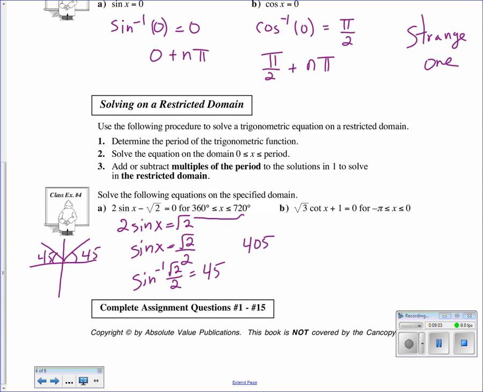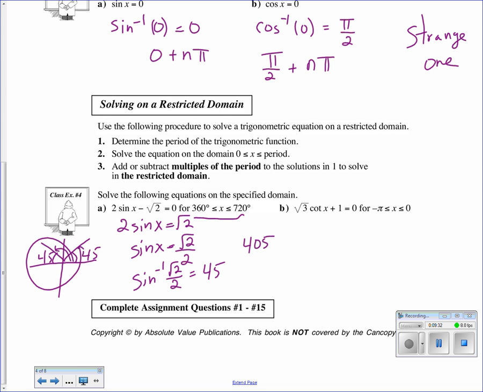Remember, we're working up to 720, and we're looking at answers that vary by 2 pi. So I go around to 45, complete a circle, go around again. I go around to the 45 here. Now the 45 there is 180 minus 45, which is 135, which doesn't fit in my range. Add 360 to that.